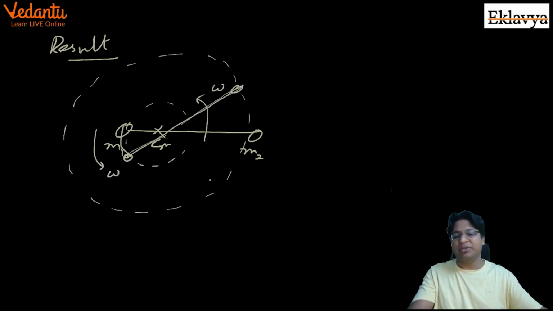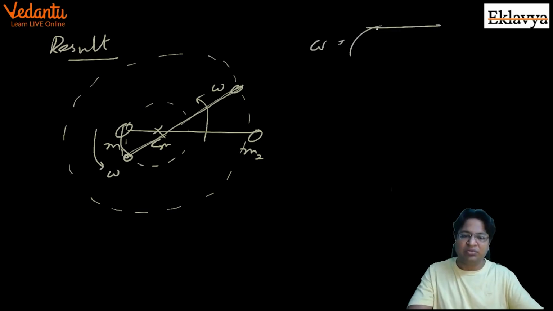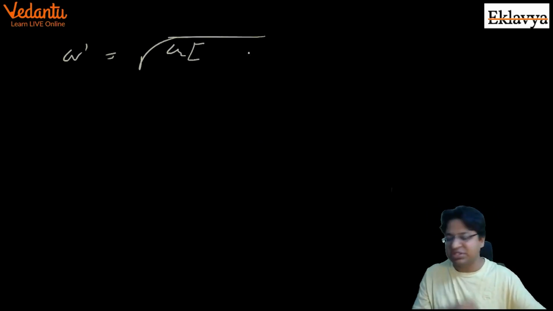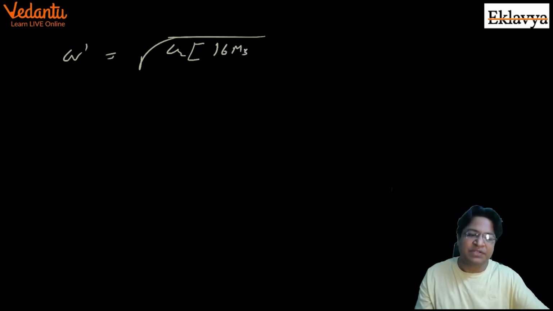And how do we write this omega? This omega is root of G into sum of masses divided by cube of distance between them. This is how we write it. So in the given question, the omega is root of G sum of masses. Sum of masses will become 16 times the mass of sun.